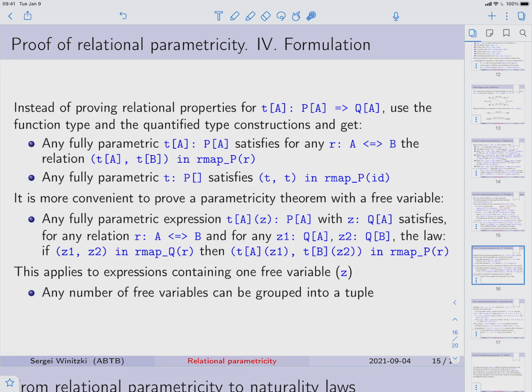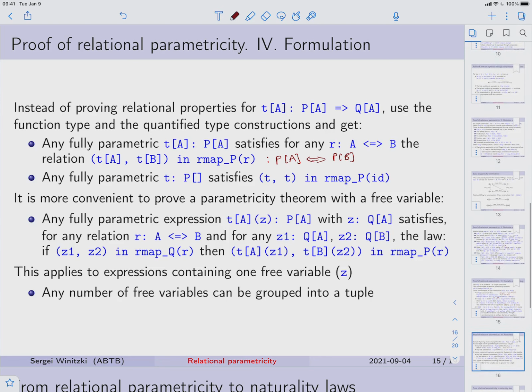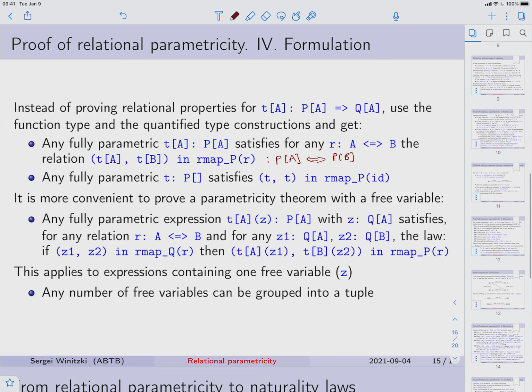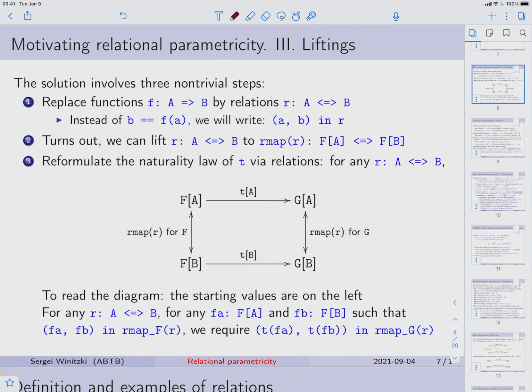So T of A and T of B are related by this lifted relation, which is of type P of A related to P of B. This is simpler than saying, first we need to have some values here of type f of A, f of B, they have to be in this relation, and then we require that.